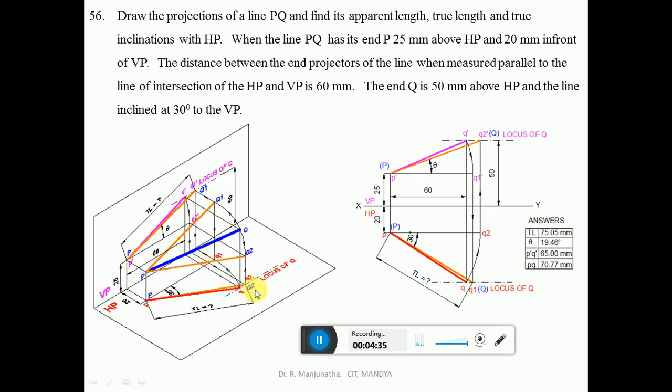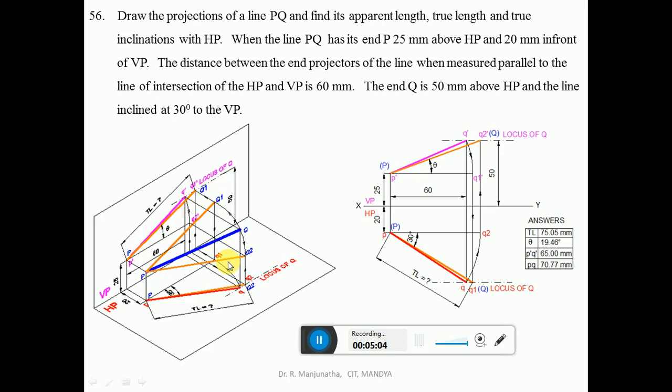You mark this point as Q2, then draw the locus of Q here, and you get small q2. This line is parallel to HP, which is P dash Q dash, so when projected, both P and Q2 will be 25 mm above HP. So this is the true length in HP.